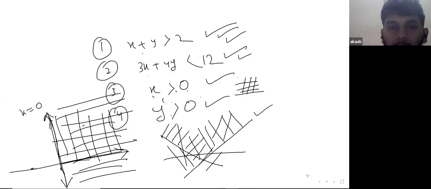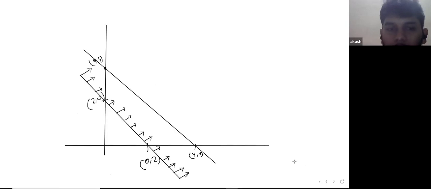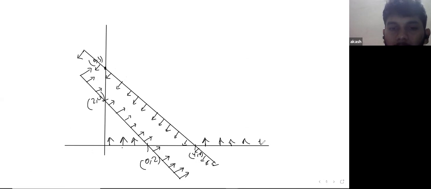And in here, if you put origin, then yes, 0 is less than 12, right? So this will be our area. And we already discussed this is y is greater than 0, and this is x is greater than 0.